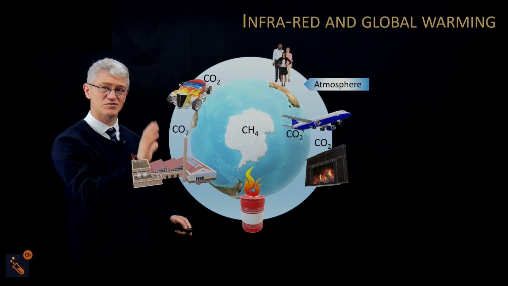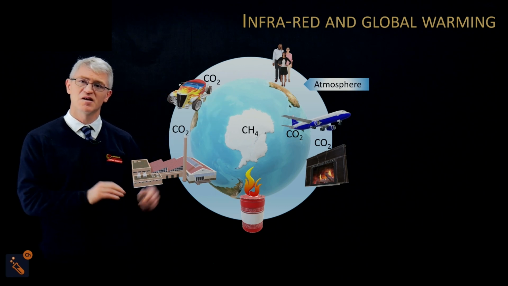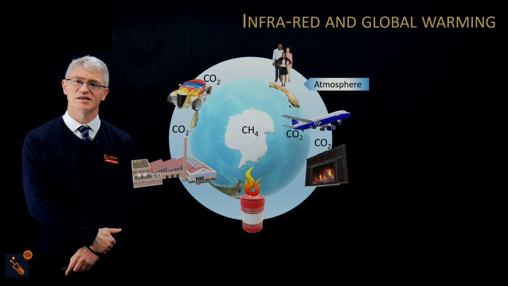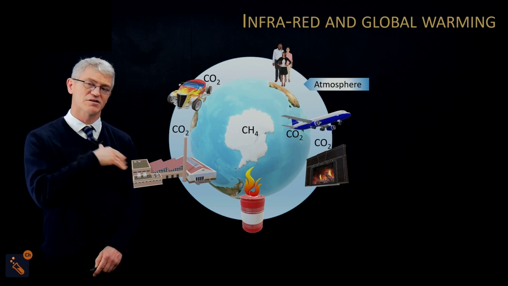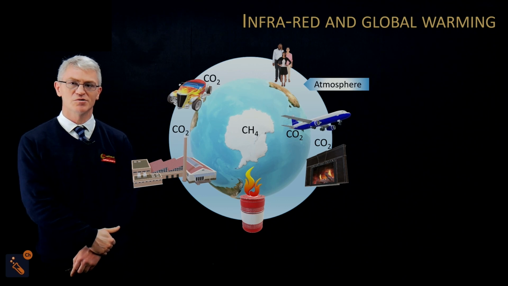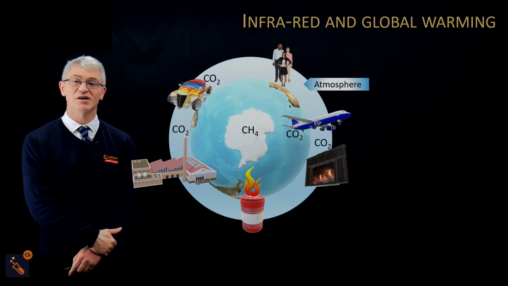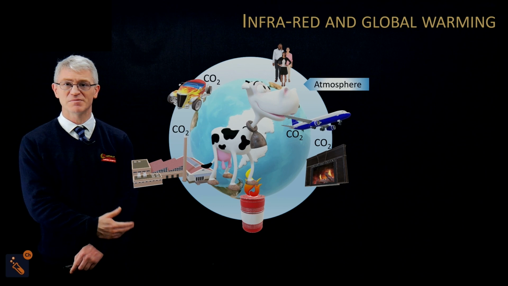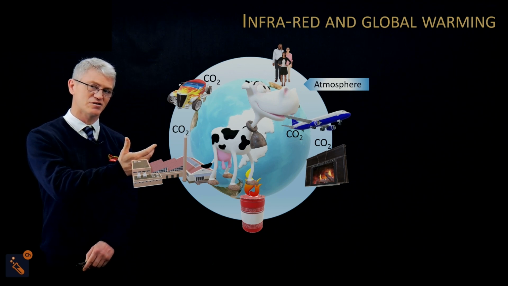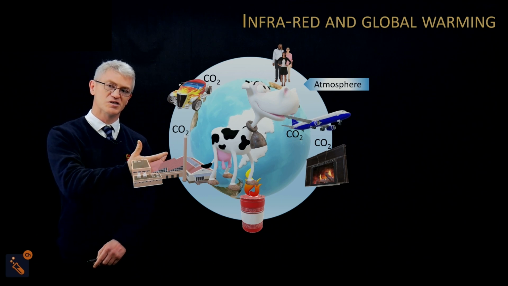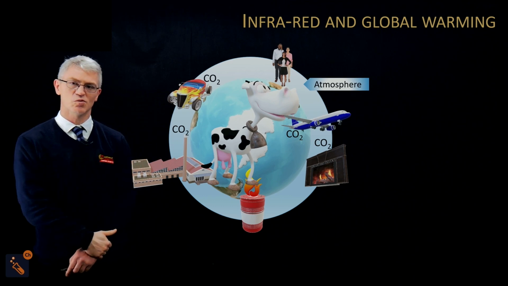So we release CO2 from all of these other places, but we also have CH4 that's trapped in the ice cap, and that will be released when it melts, and that's going to be a huge problem as well. We also have CH4 increased by our diet. So we have a meat-based diet, and if we don't move to a more sustainable meat-based diet, or go vegetarian, we're also going to have more problems.